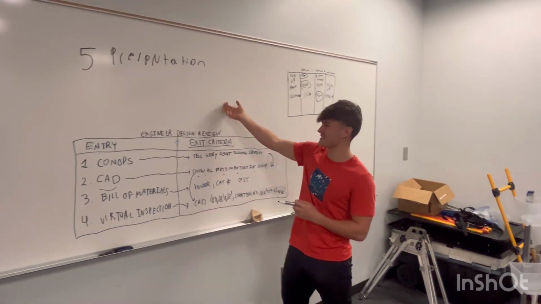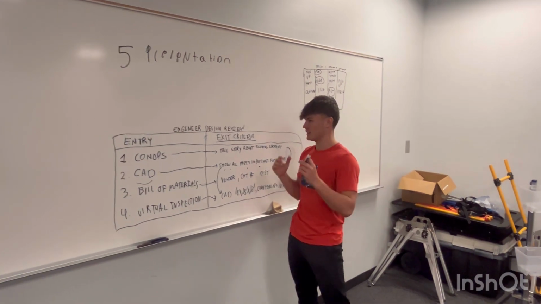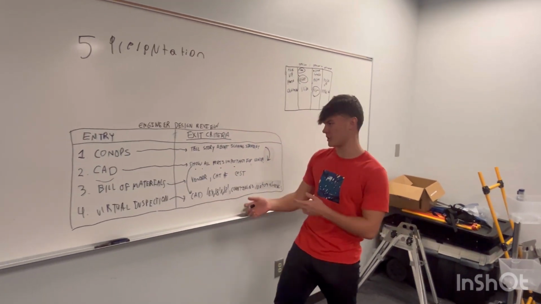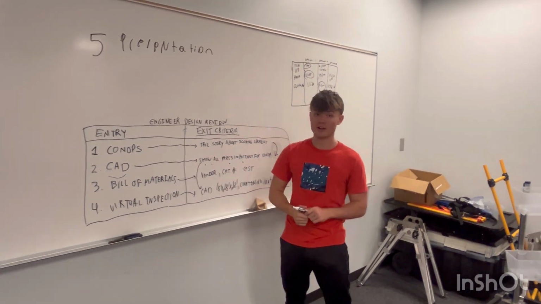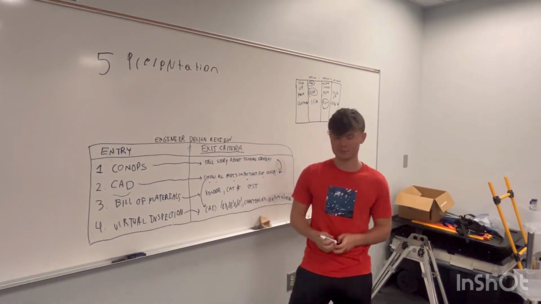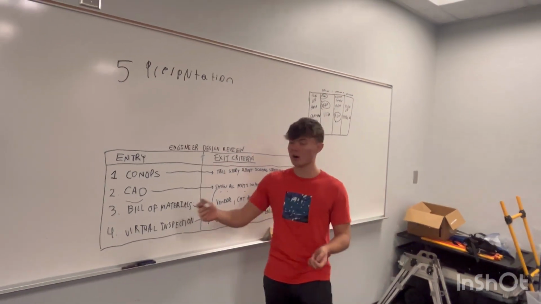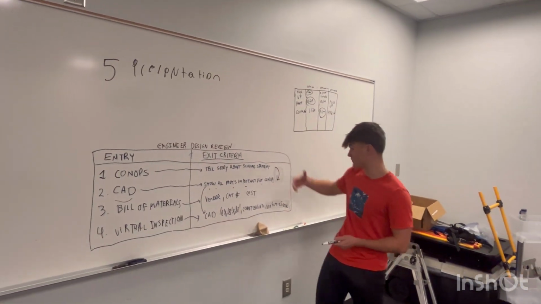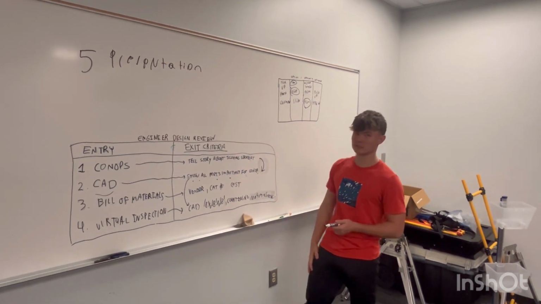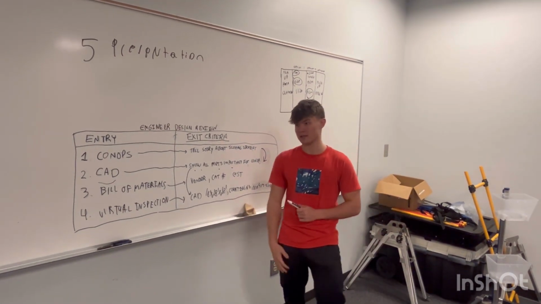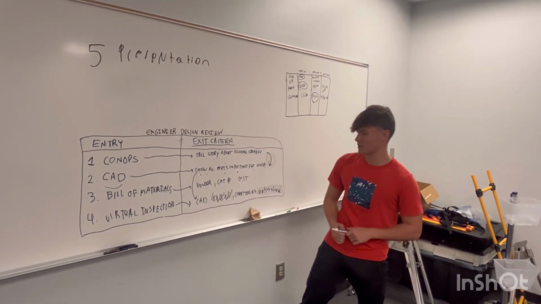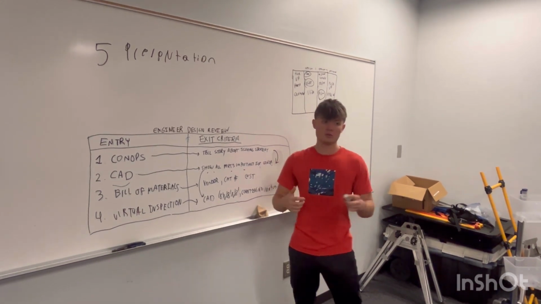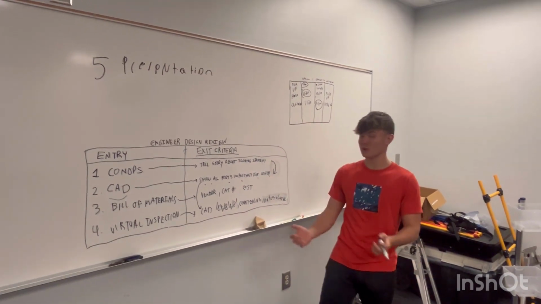It'll have screenshots from SolidWorks or Onshape of your CAD model, it'll have the ConOps on there, and it'll collate all of the information from the entry and exit criteria onto a streamlined document like slides.